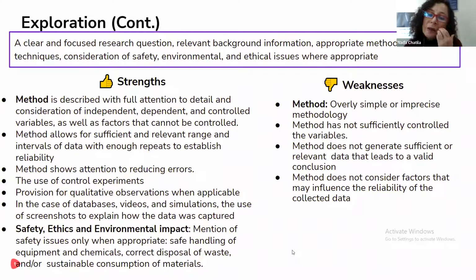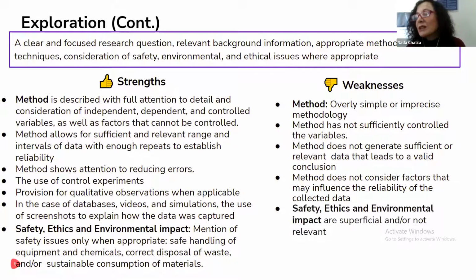When the investigation does not call for these issues, a simple note to that account is enough. Students should not fake it or just add superficial or irrelevant notes just to make sure that they have addressed this criterion. Saying that it does not apply is perfectly fine.